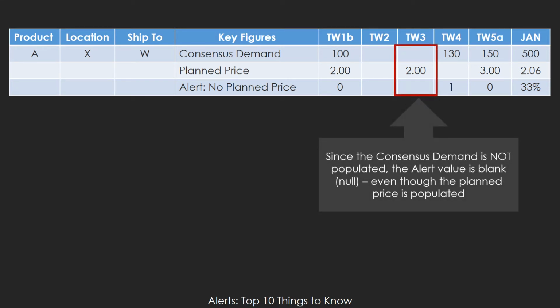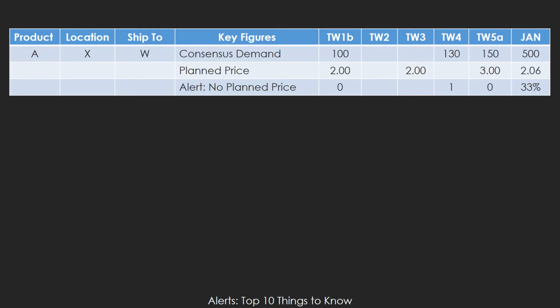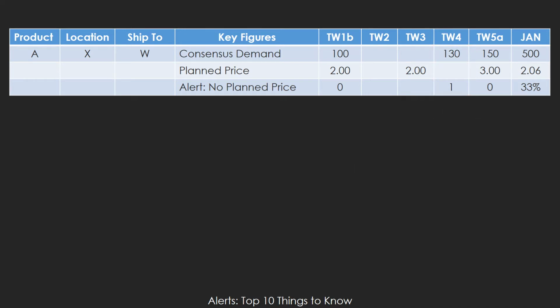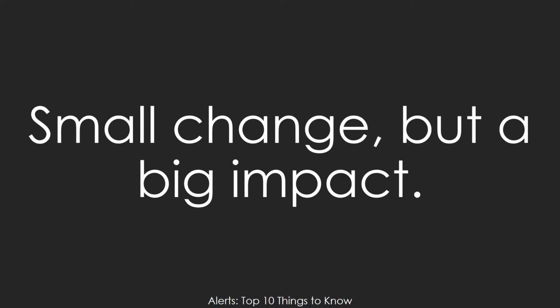Since the consensus demand is not populated, the alert value is blank, or null, even though the planned price is populated. And finally, since the consensus demand is populated and the planned price is not populated, the alert value is 1. A small change, but a big impact.